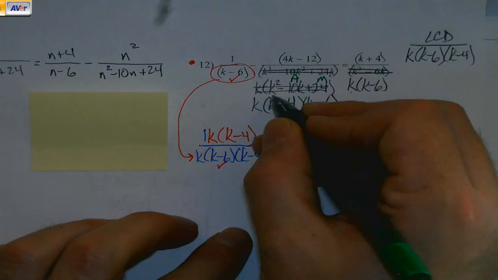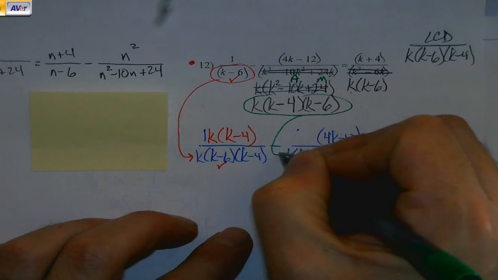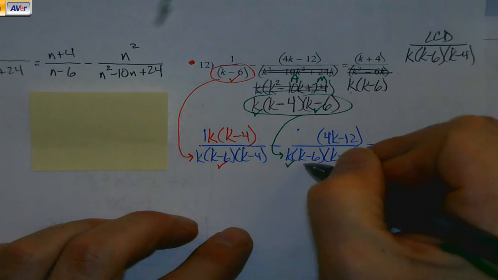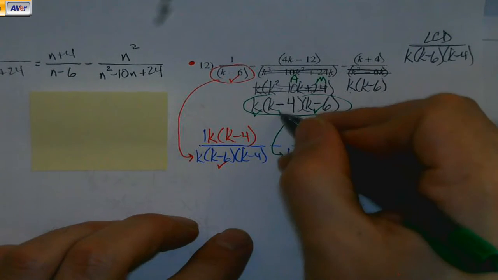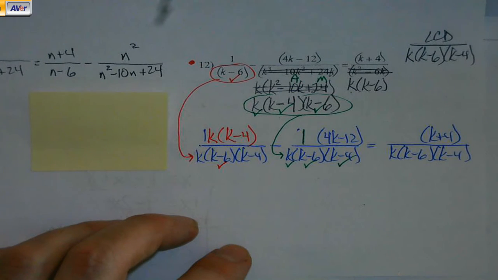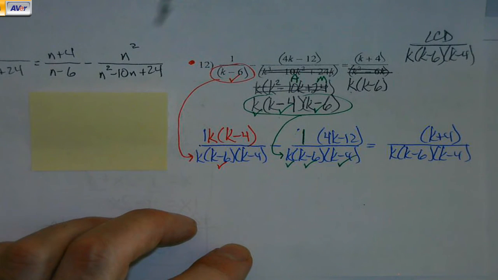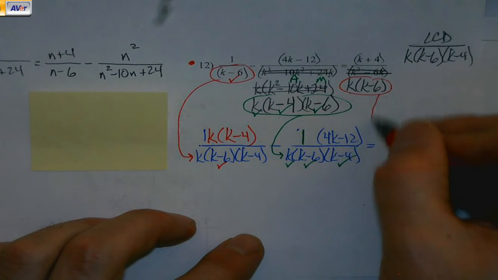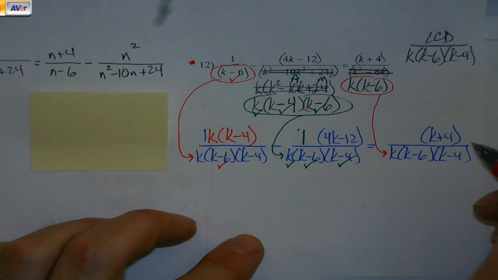When I get to my middle one here, I've got the k, I've got the k minus 6, I've got the k minus 4. I got it all. So I just need a 1. And then I do my last one here.